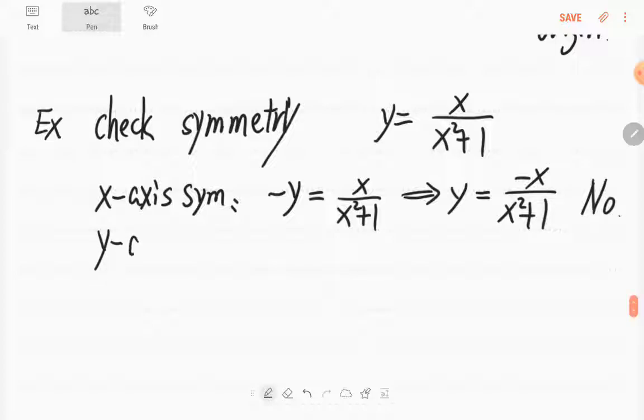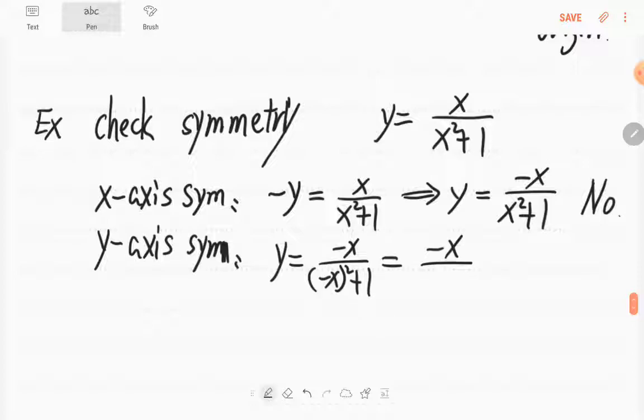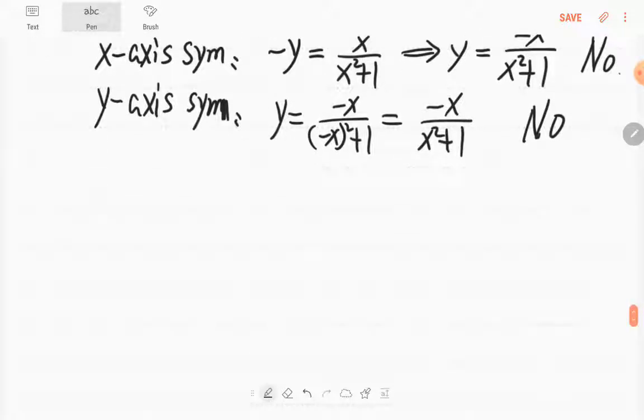What about y-axis symmetry? We replace x with negative x, so y equals negative x over x squared plus 1. So we have negative x, and this is x squared plus 1. Not the same equation as the original one. So there's no y-axis symmetry. What about the origin symmetry?